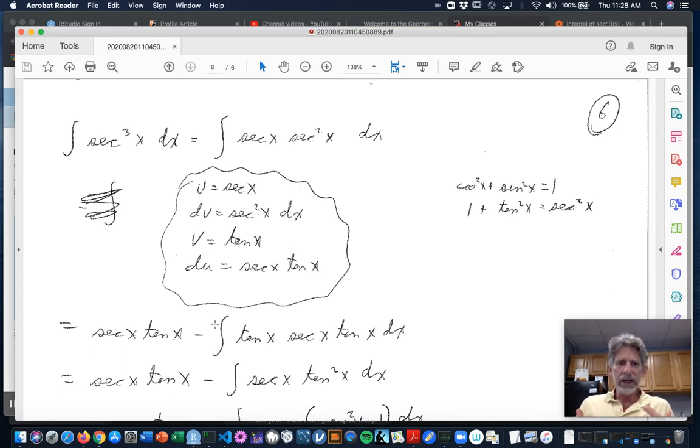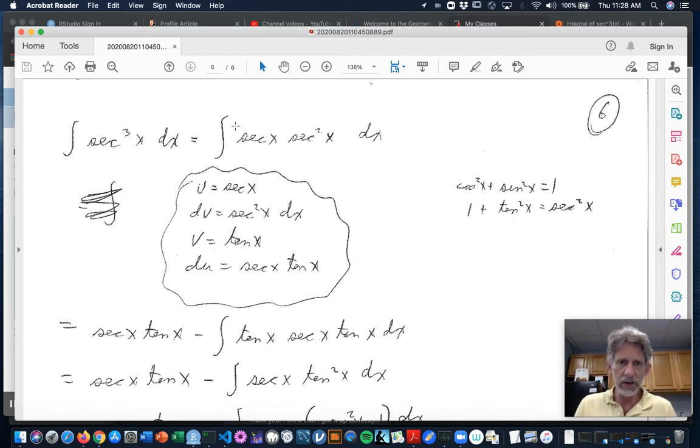Well, I would like to somehow mix secant with some of its derivatives, which would be secant tangent, or some kind of mixture of powers of some trig function with the derivative of that trig function. I don't know what's going to happen here, but I know I need to do some breaking up.